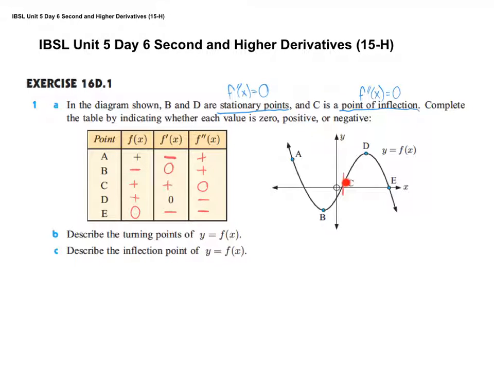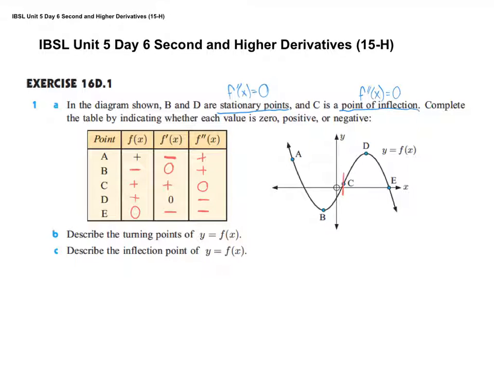Then gravity slows you down and slows you down, and unless you pedal really hard, you start rolling backwards. That happens right around here. So we knew that C is 0 in the second derivative because it tells us it's a point of inflection.